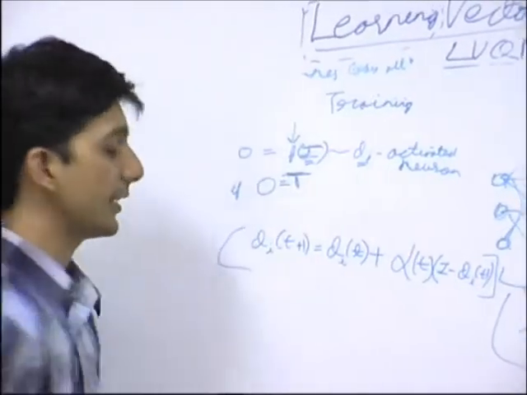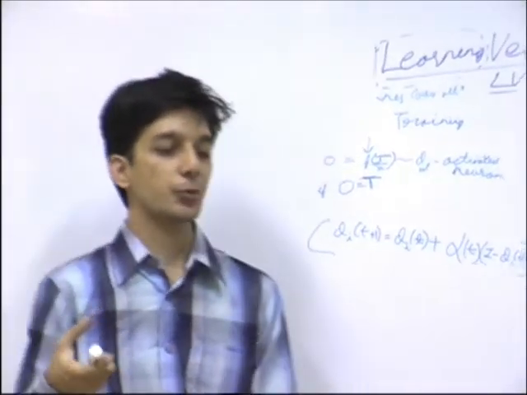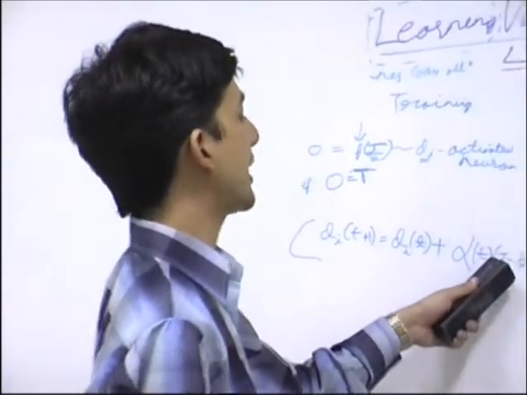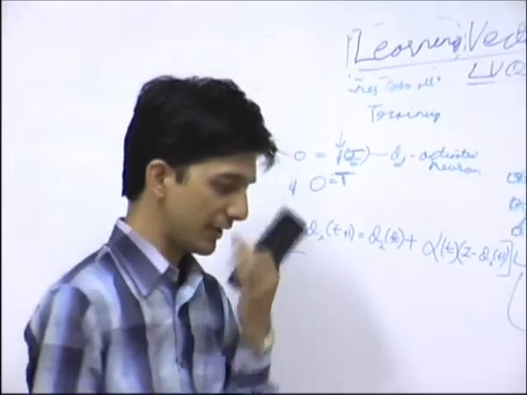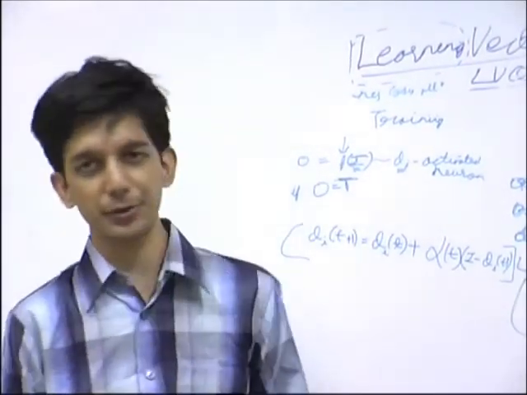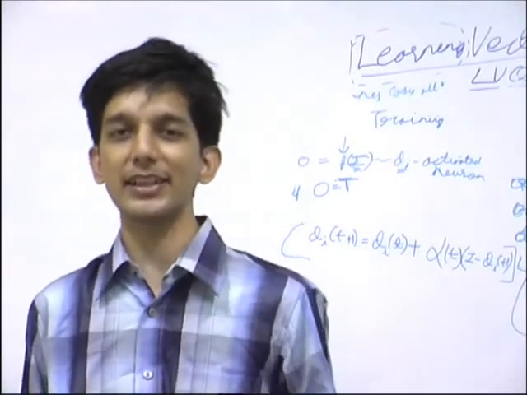That is what my learning rule says. So every input tries to induce some of its characteristics towards its winning neuron.